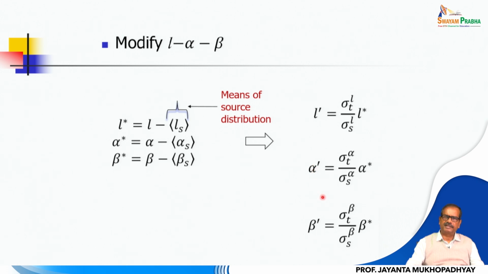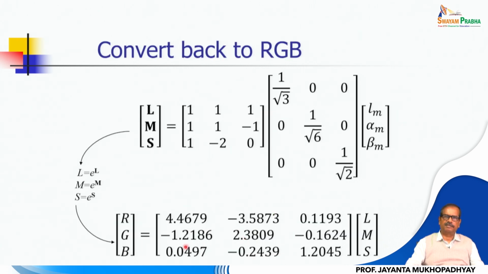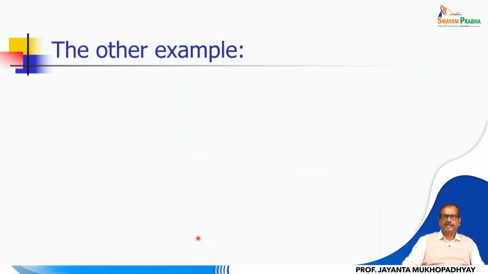We use that scale factor. Finally, we translate it with the mean of the target image of the L alpha beta components, and then perform the inverse transformation. That means from here you first get LMS, then instead of log you perform exponentiation, and after that you get back RGB by the inverse transformation, because finally you have to get RGB. So this is how that image is produced.